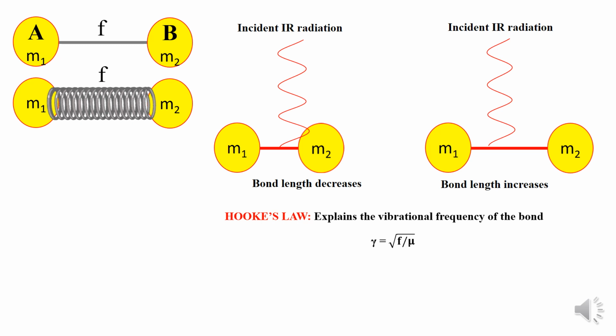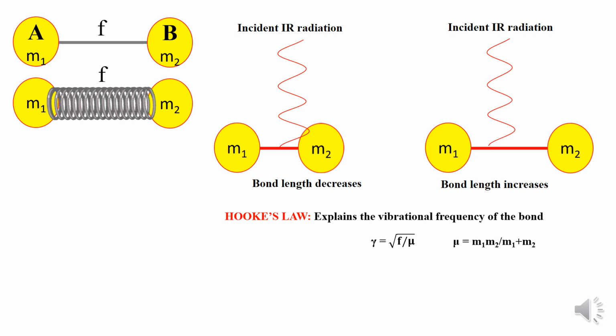Hooke's law is given by the equation where the vibrational frequency of the bond is directly proportional to the square root of the force constant and inversely proportional to the reduced mass of the atoms.